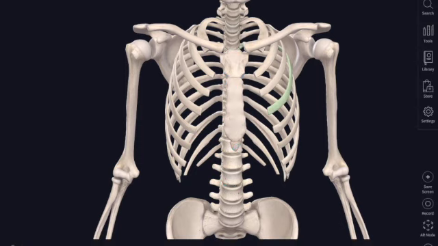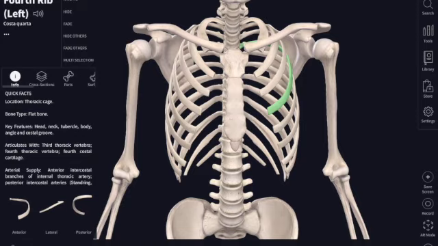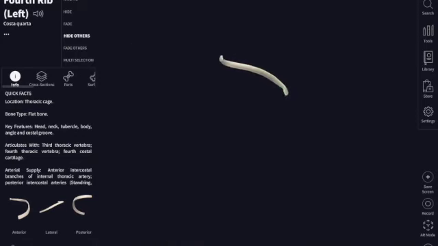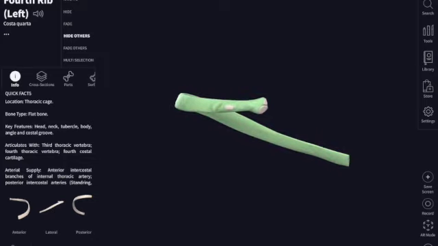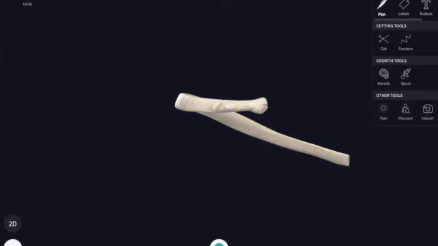Now, if we look at a rib, there's not really a whole lot of what you need to know on the rib, but what you will need to know is rights and lefts. The best way I can say to help you learn that is you just need to hold on to one and see where it articulates.